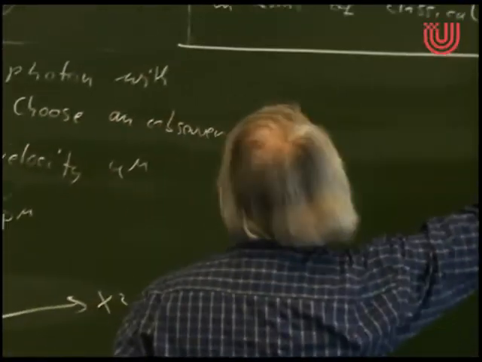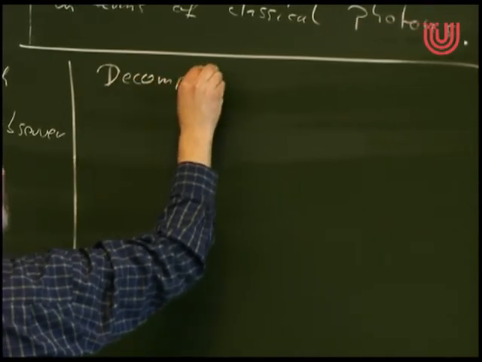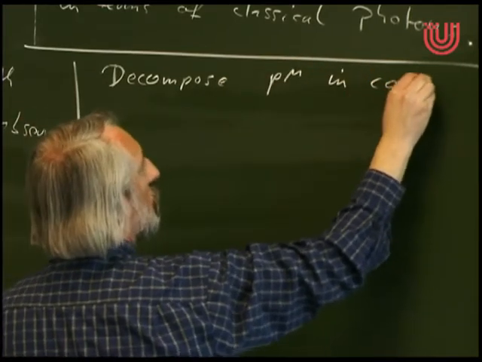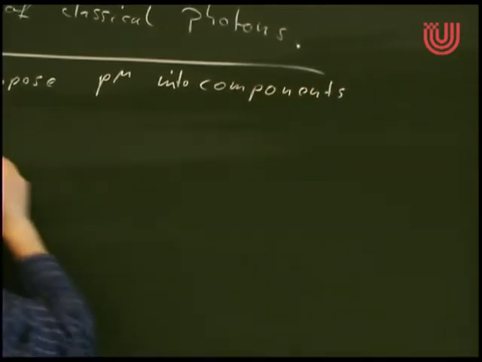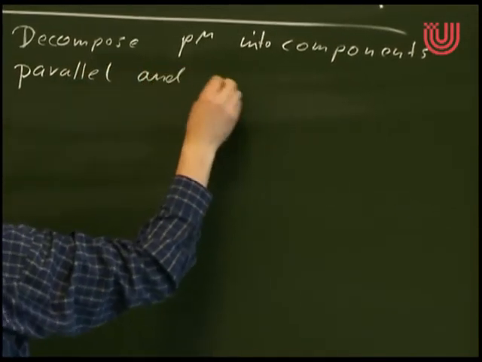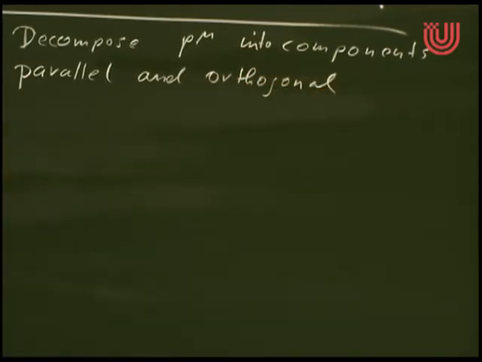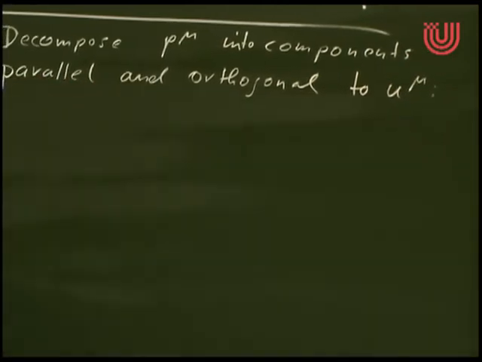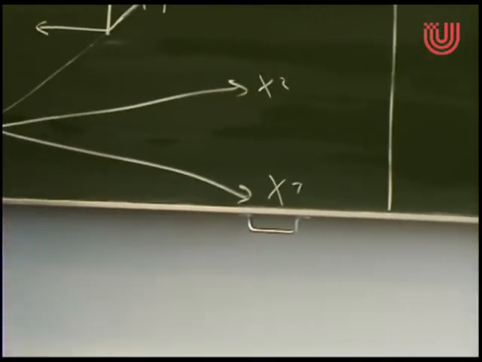Decompose P mu in two components, parallel and orthogonal. And when I say orthogonal, I always mean orthogonal with respect to the Minkowski metric to u mu. So I write it in this way: I introduce a vector n mu, which is perpendicular to u mu.